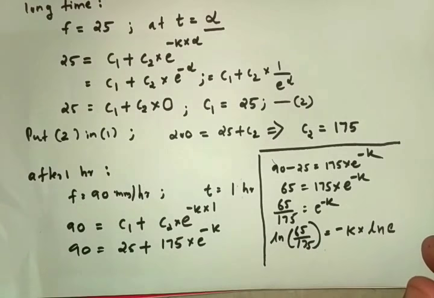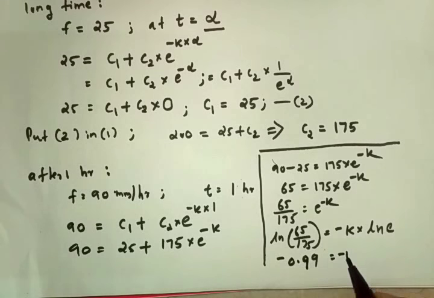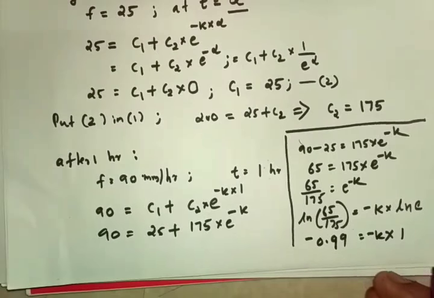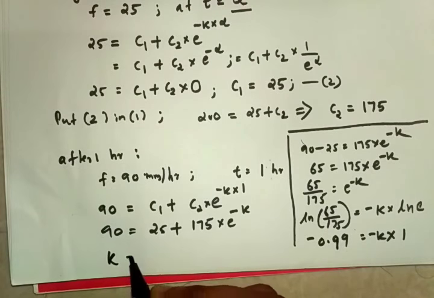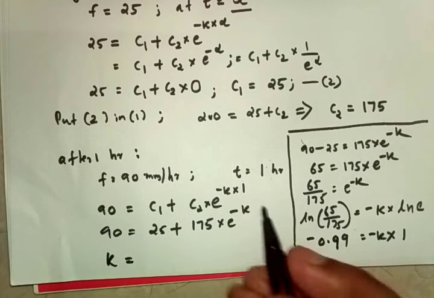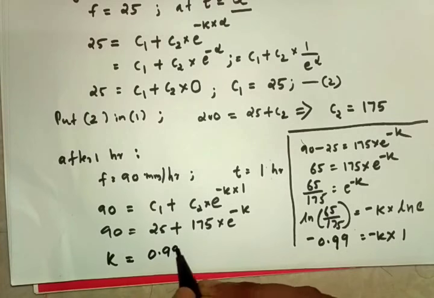This value comes to minus 0.99. The natural log of e is 1, so minus 0.99 is equal to minus k. So the decay constant k is equal to 0.99.